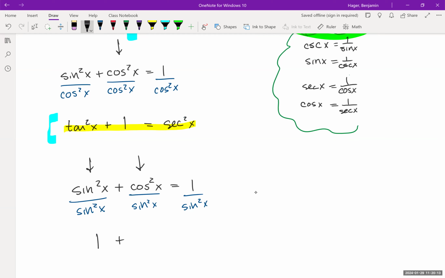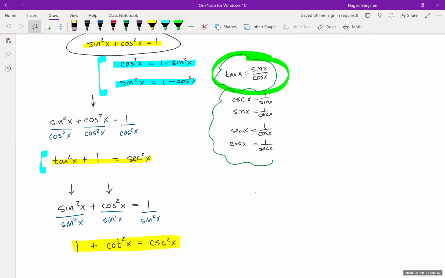Cosine squared over sine squared. Notice that's the reciprocal here. Instead of a sine over cosine, we have cosine over sine. That gives us cotangent, and in this case squared, since both the cosine and sine are squared. And 1 over sine squared is a cosecant squared. So yet another version of the Pythagorean identity, which again can be written a few different ways just by shuffling things around.